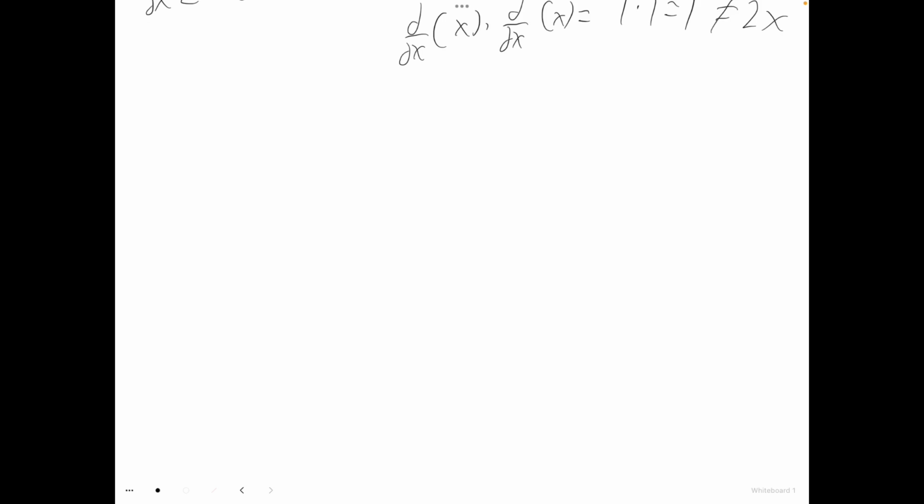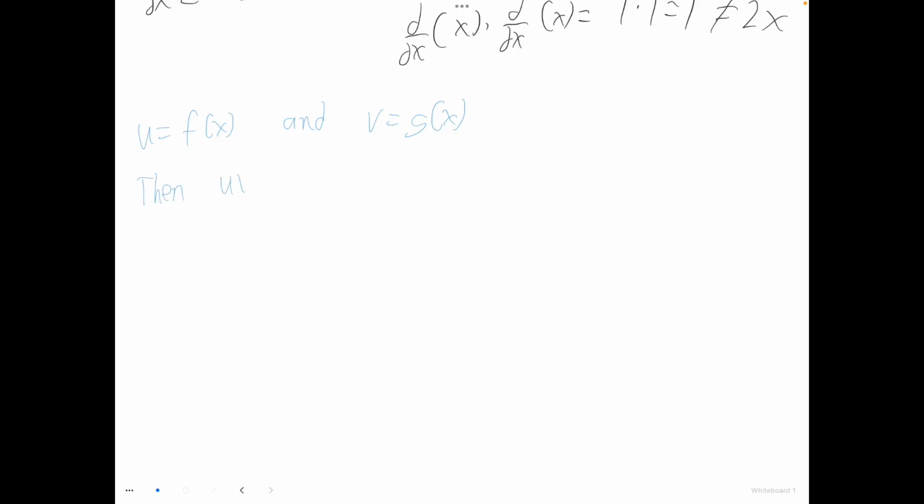The way we're going to get the correct formula is we're going to let u be equal to f of x and v equal to g of x. So u and v just represent the quantities f of x and g of x.